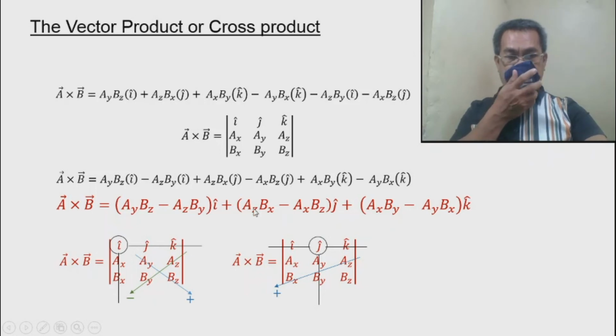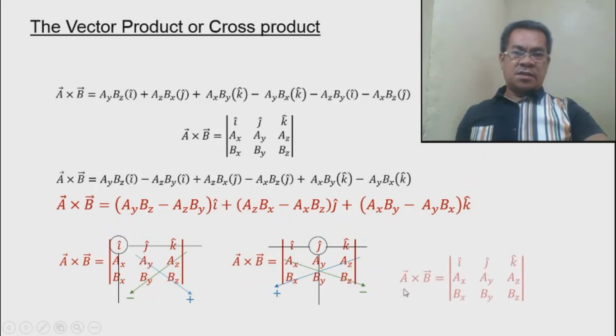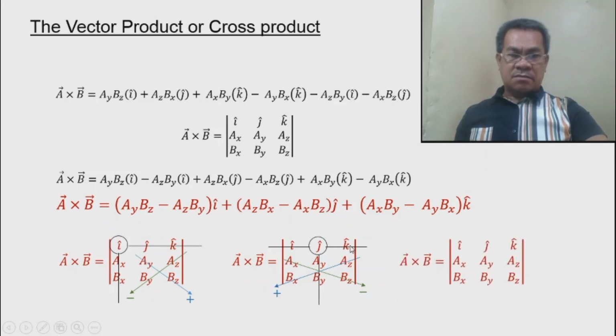Look at this one. And the reverse is negative. So notice the color. This is blue, and this is blue. So for I, this is positive, but for Z, this must be positive. Then this will be negative, and this will be negative for J. So therefore you notice this is the result.